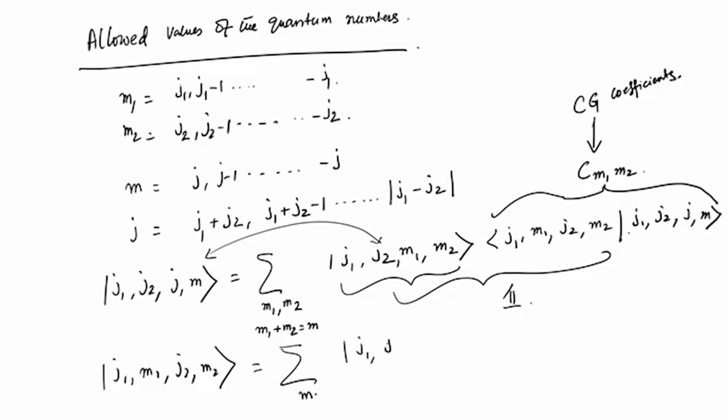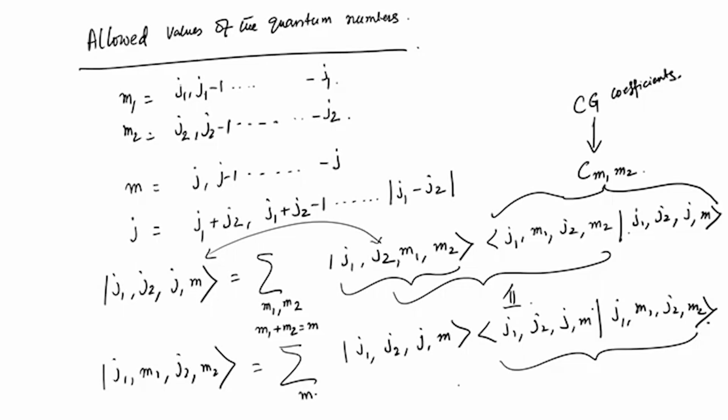So these will be the Clebsch-Gordan coefficients, because this description is connected to this description.